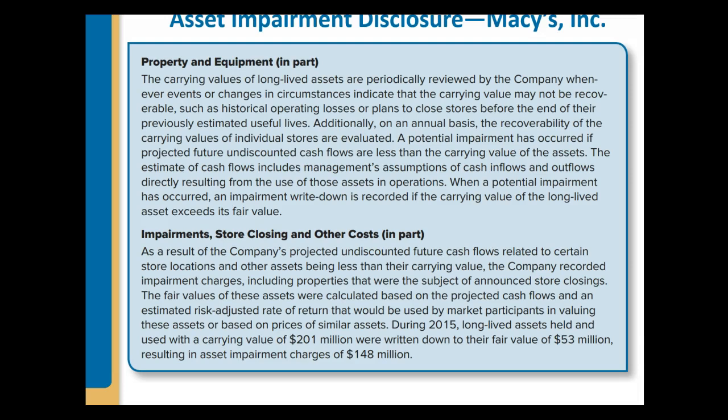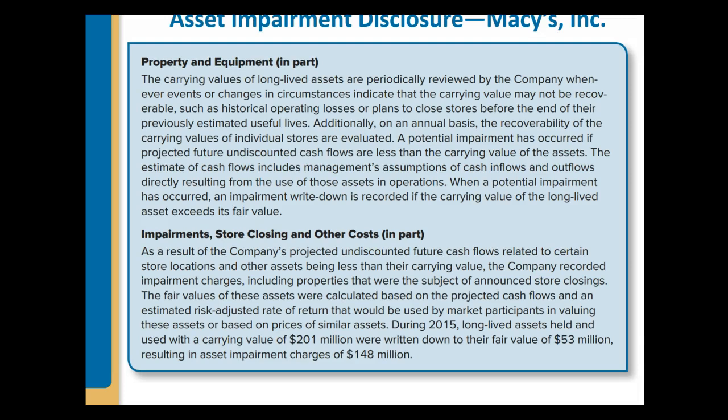So I'm going to just read this. The carrying values of long-lived assets are periodically reviewed by the company whenever events or changes in circumstances indicate that the carrying value may not be recoverable, such as historical operating losses or plans to close stores before the end of their previously estimated useful lives.